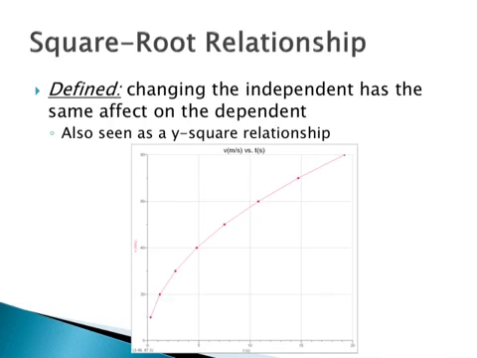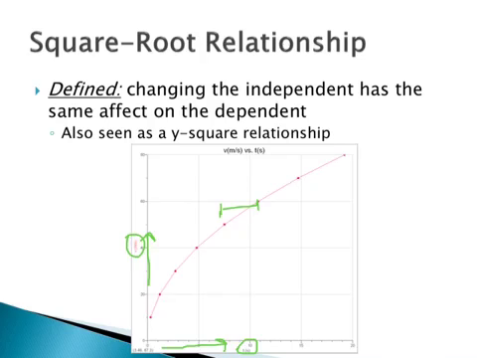Notice the graph below, that if we take our x variable, our independent variable, which is time, and show that it is increasing, what we see with the dependent variable, or the y, is that this also tends to increase, but notice as time goes along that the rate at which this increases tends to slow down. So it increases at a slower rate as time goes on. And this is seen as a square root relationship.